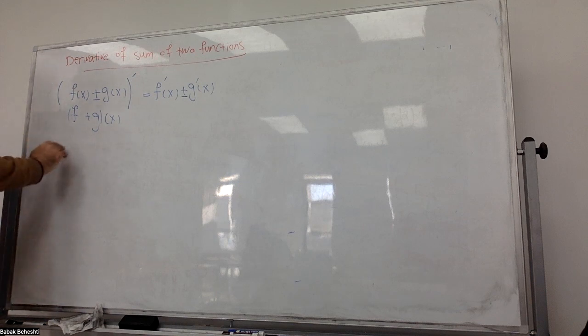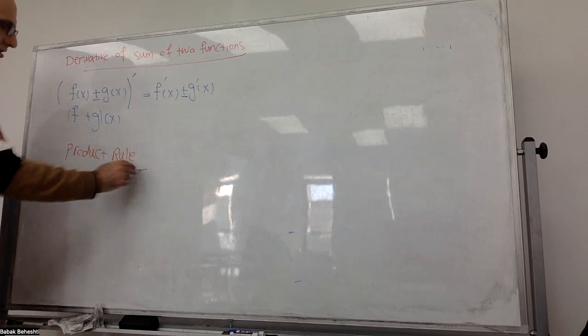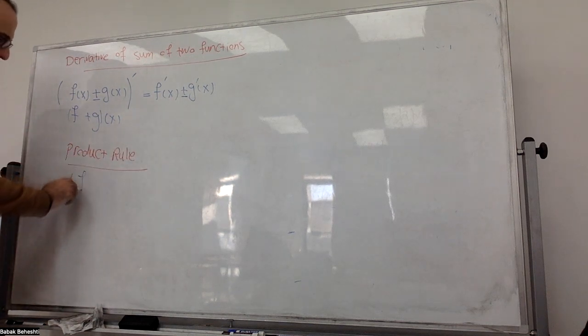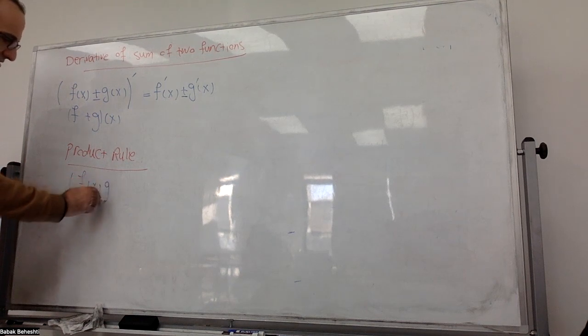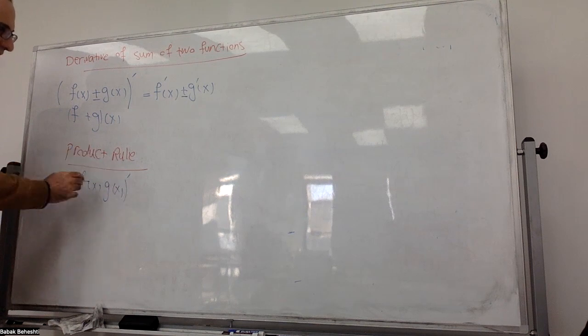So then you have the product rule. Product means multiplication of two functions. So what is the derivative of f of x times g of x? This is more complicated.